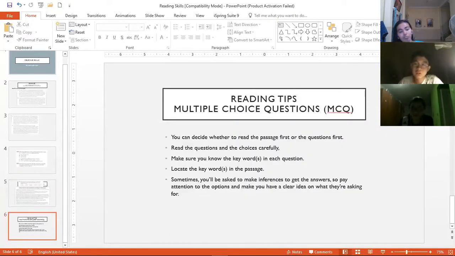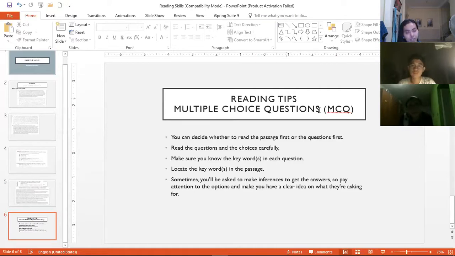So people are different. So we'll look at reading tips today. We'll start discussing one by one from now on, since I want to introduce IELTS into our quizzes, so you guys can experience some IELTS reading tests as well. So first things first, the question type that you will face is MCQ. It's very common in reading IELTS.